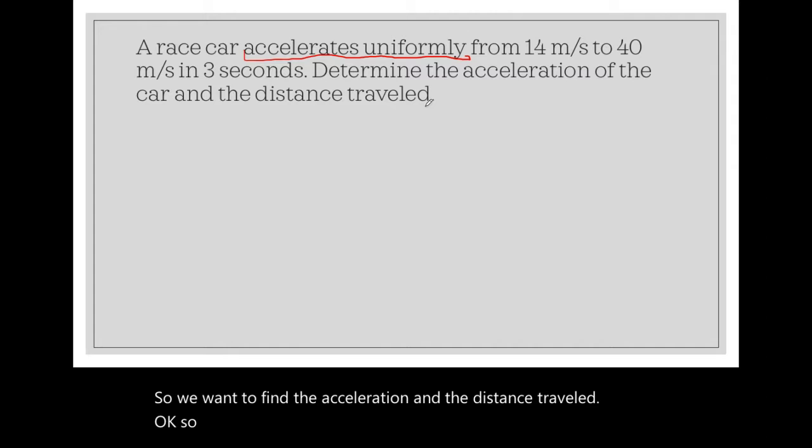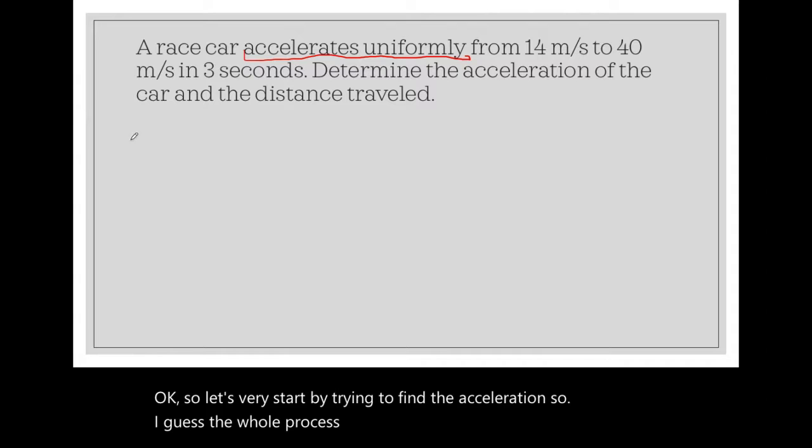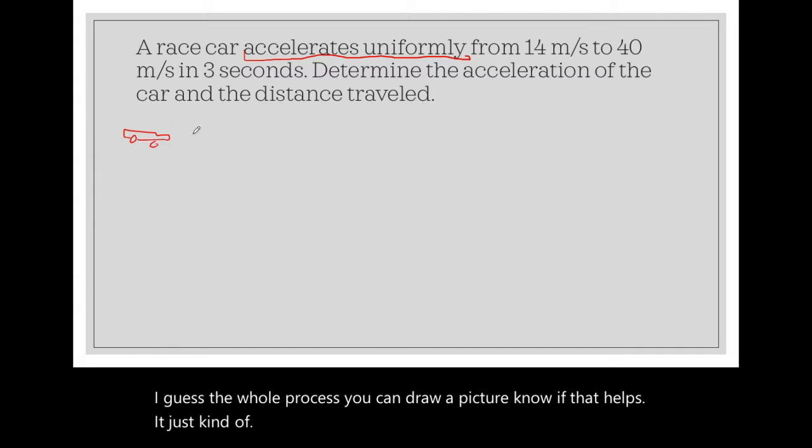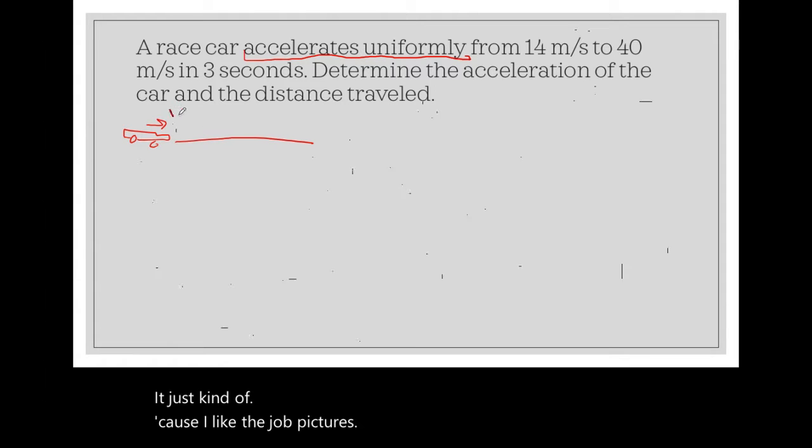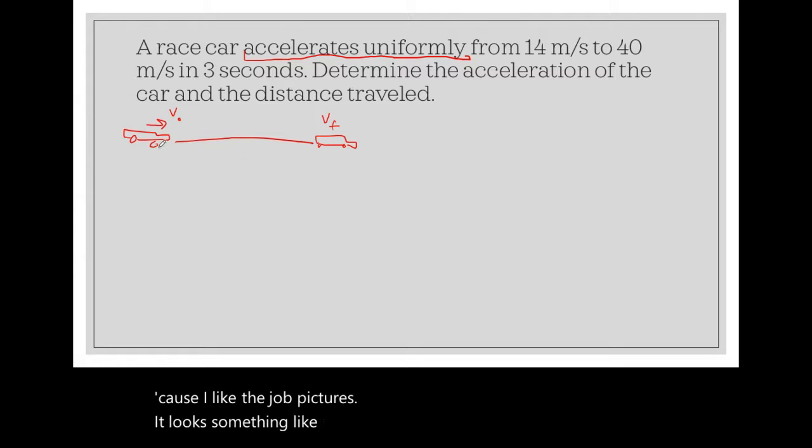Okay, so let's first start by trying to find the acceleration. I guess for the whole process, you can draw a picture if that helps, just because I like to draw pictures. Alright, the picture looks something like that, and there's some delta x here.